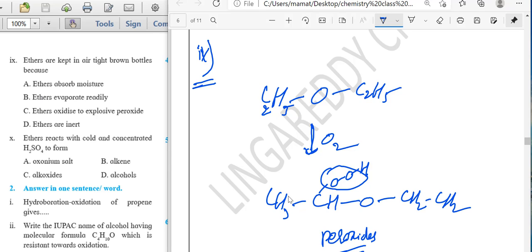So that's why we have to store it in brown color bottles, and in the absence of oxygen, absence of air. Okay. Ethers absorb moisture, ethers evaporate readily, ether oxidizes to explosive peroxides. So C is the option here. Correct option is C. It is forming peroxide. The peroxides are explosive.